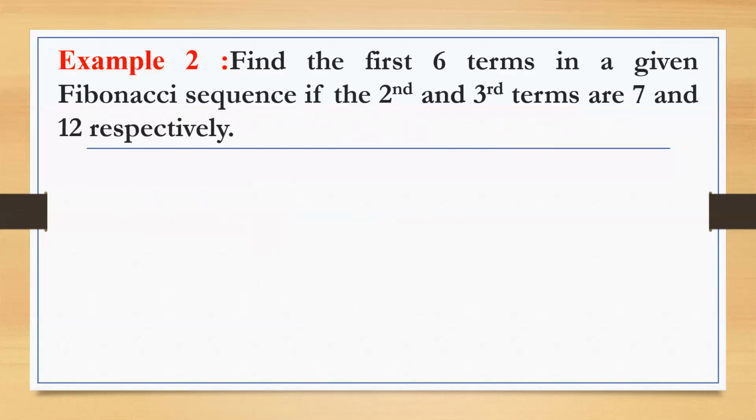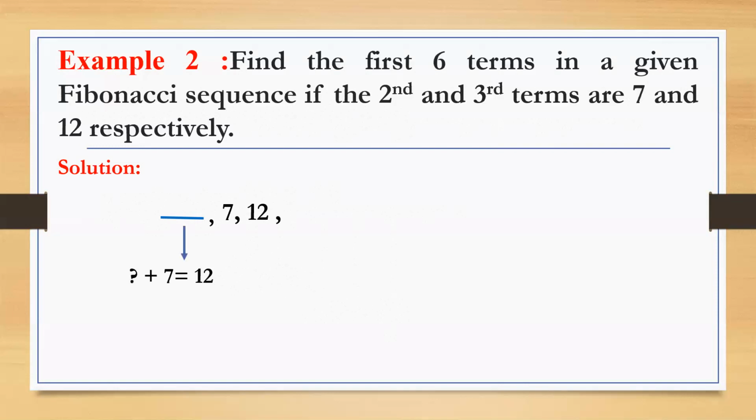Next example, find the first 6 terms in a given Fibonacci sequence if the second and third terms are 7 and 12 respectively. So here we have been given 7 and 12 as second and third terms respectively, and I need to find the first 6 terms.